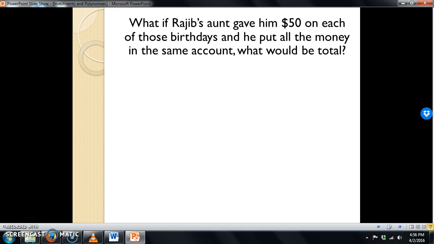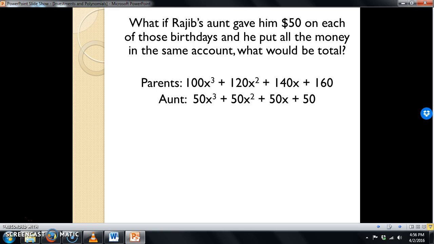What if we added to this a different scenario? In addition to his parents, we have his aunt giving him $50 on each of those birthdays. So we could show this as 2 different polynomials, but you'll notice that we can add like terms and write one total polynomial representing the 150 that goes in the bank for 3 years, 170 for 2 years, 190 for 1 year, and then he got $210 on his last birthday, the 160 plus the 50.